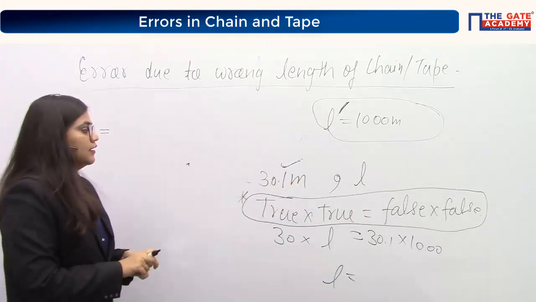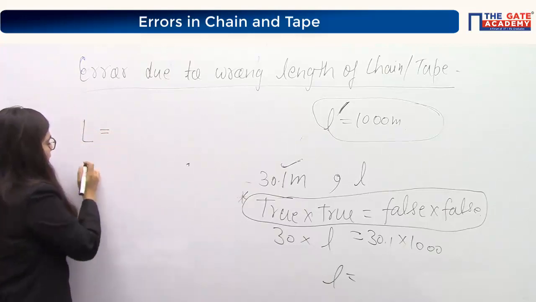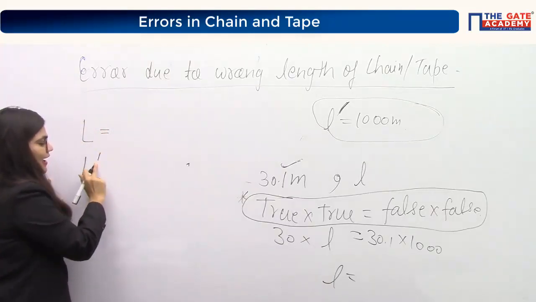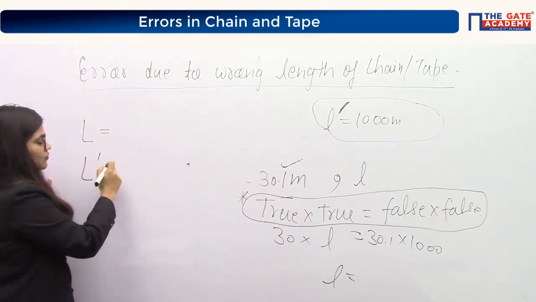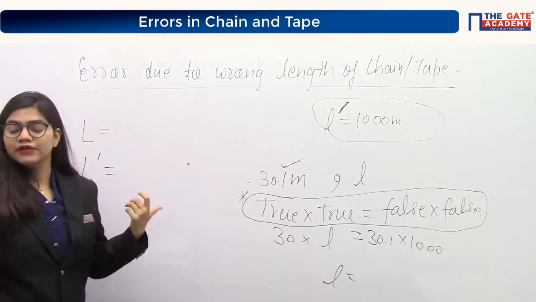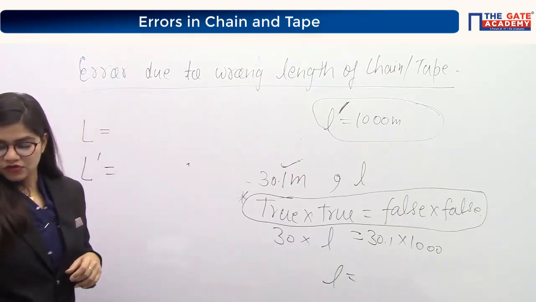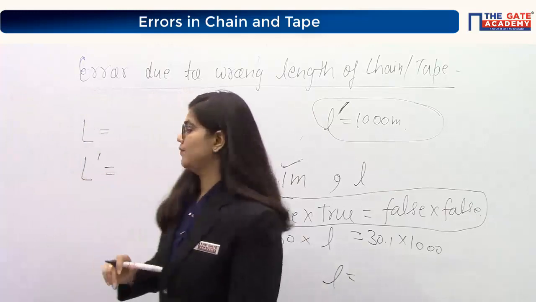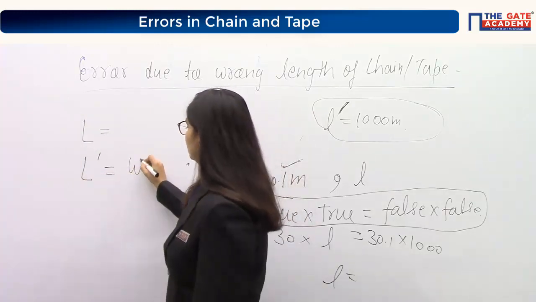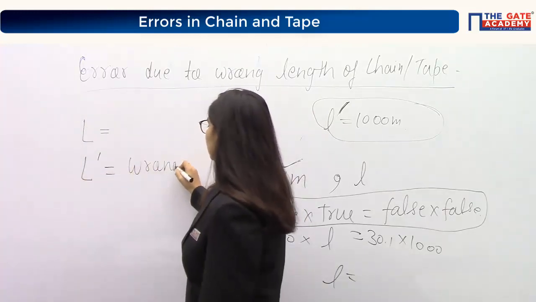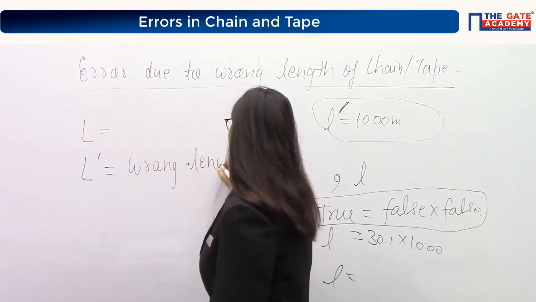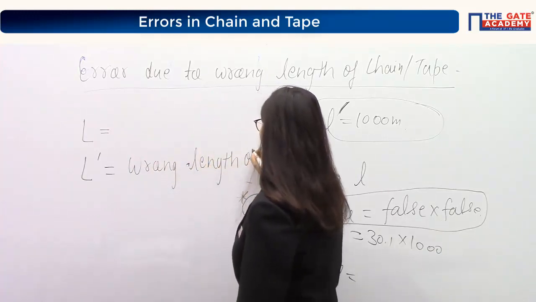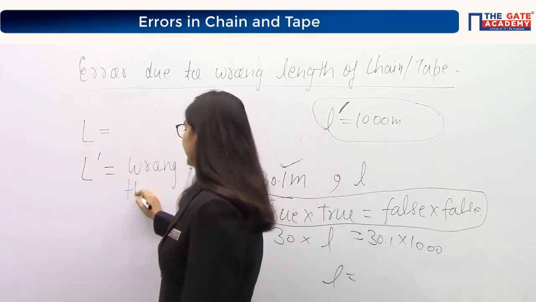Okay, next write capital L dash. Write in this: wrong length of the tape.